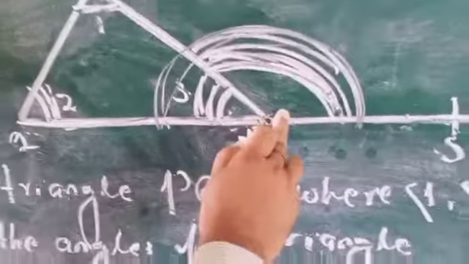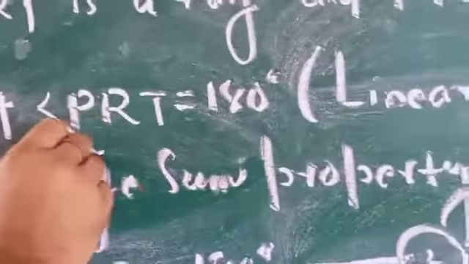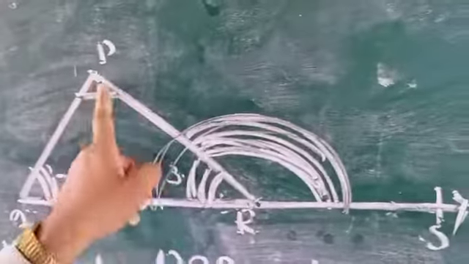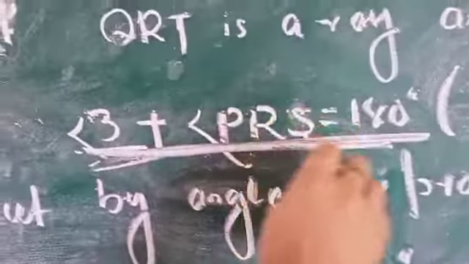This is called the linear pair axiom. So angle 3 plus angle PRS is 180 degrees, as 3 is this one. I have written the linear pair axiom. This is equation 1.